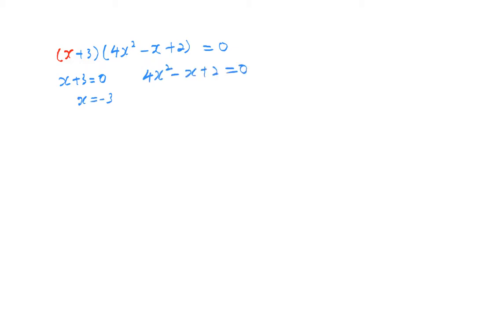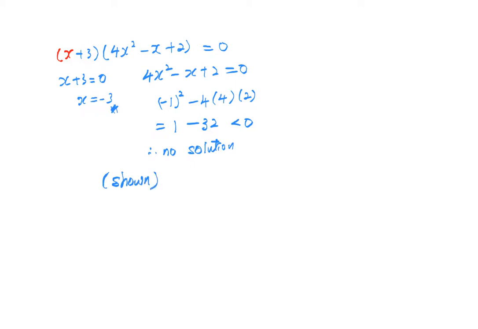So my b squared minus 4ac is equal to 1 minus 32, which is less than 0. So therefore, no solution here. So only one solution. So shown. Clear?